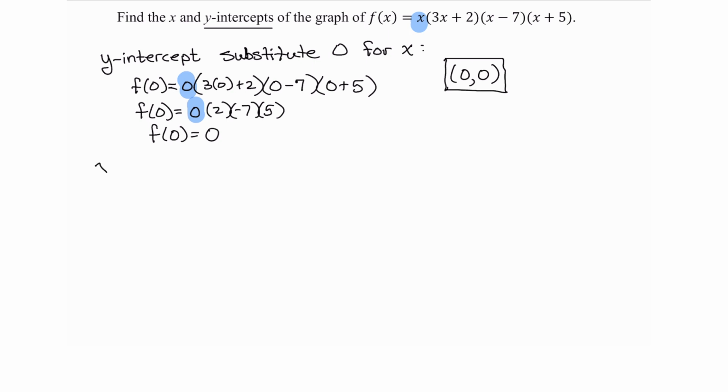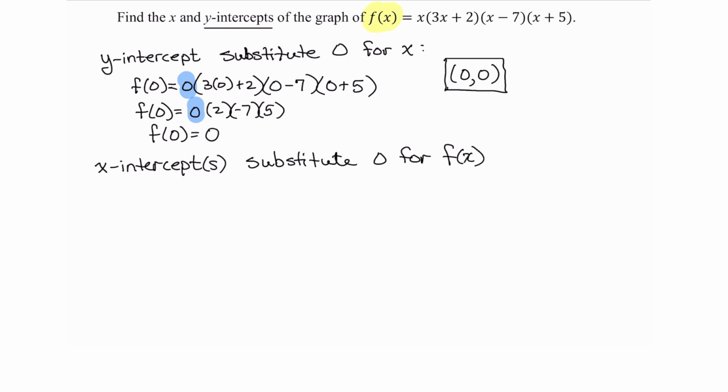And then for x-intercepts, I substitute 0 for f of x. So for this one, we are going to go ahead and put 0 in for our f of x. So we put 0 in for the function side.